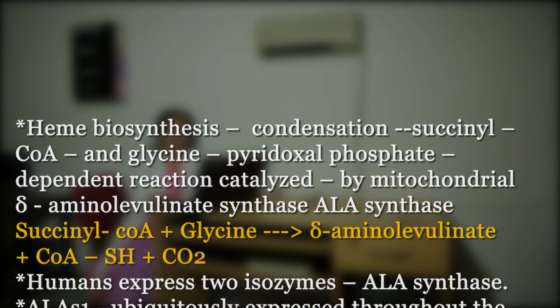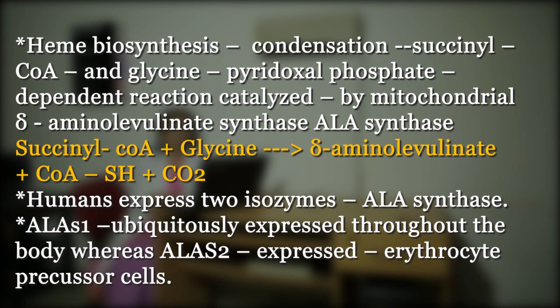Heme biosynthesis is initiated by the condensation of succinyl-CoA and glycine, a pyridoxal phosphate dependent reaction catalyzed by the mitochondrial enzyme delta-aminolevulinate synthase, ALA synthase, which is also the enzyme of the rate limiting step of heme biosynthesis.